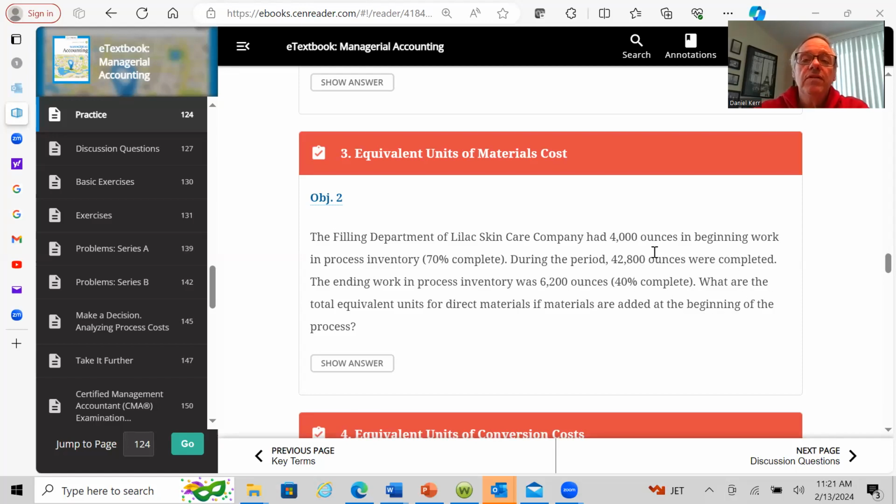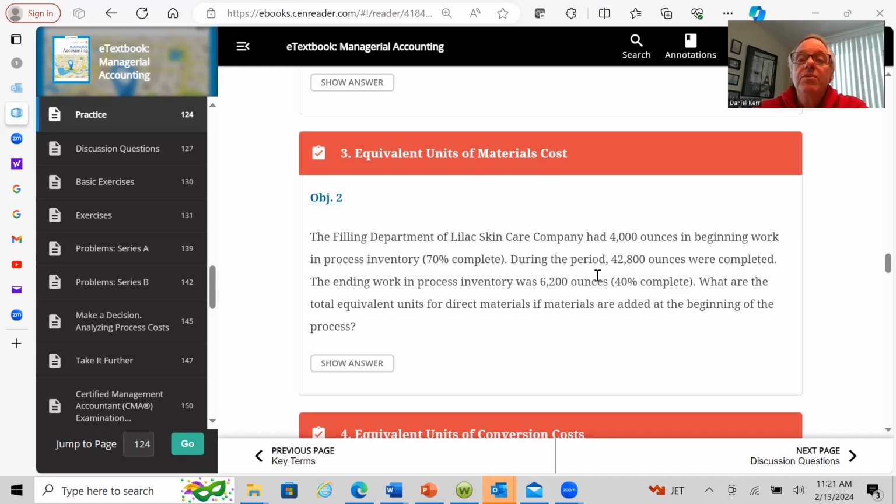As far as equivalent units, the 4,000 that was in beginning inventory have no equivalent units. The percentage of work done this period with regard to materials would be 0%. During the period, 42,800 were completed. If 42,800 were completed and you had 4,000 in beginning inventory, that means the started and completed during the period was 38,800.